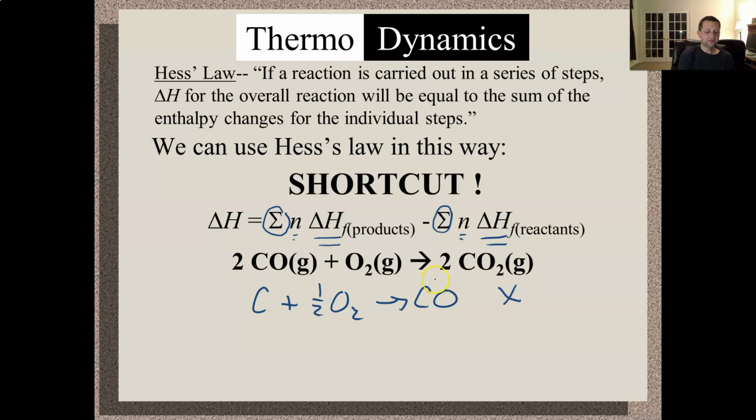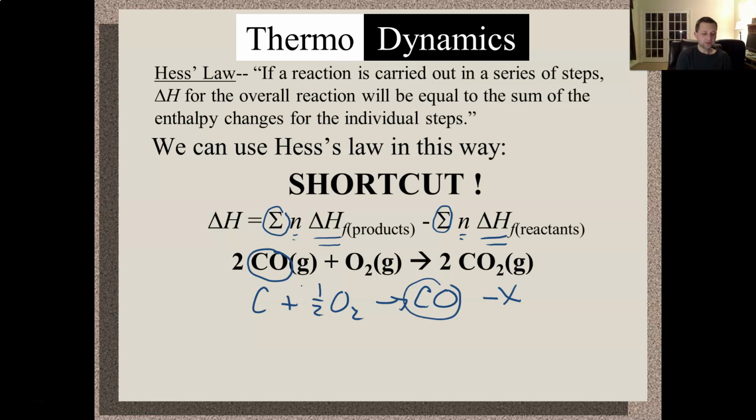What you're going to have to do is flip it. You're going to have to take the opposite of that because we want carbon monoxide to be a reactant. So you're always going to end up flipping the formation equations of your reactants in your overall chemical equation so we can get them on the correct side.